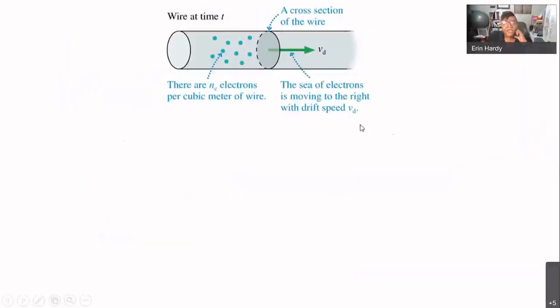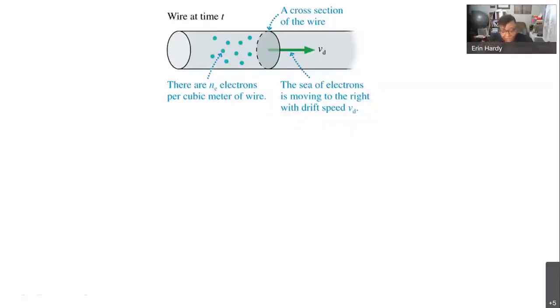So if we imagine taking a look at the interior of this wire, we can understand why these charge carriers start to move in the first place, and then balance that against the concept of electron current that we saw in our previous slide. What is easy to overlook at first glance, but is something we need to think about, is that this wire segment is already full of electrons.